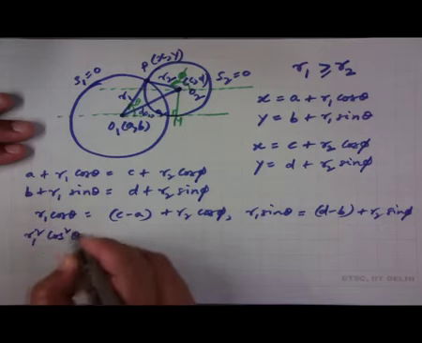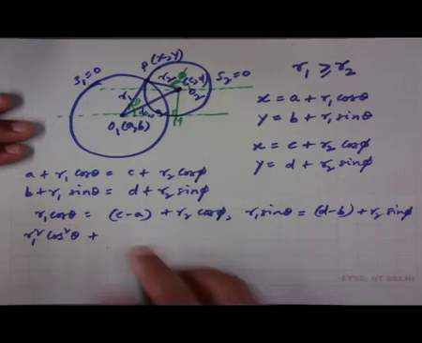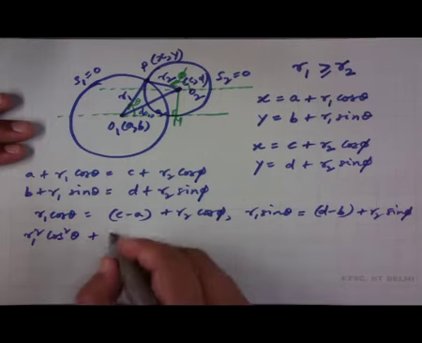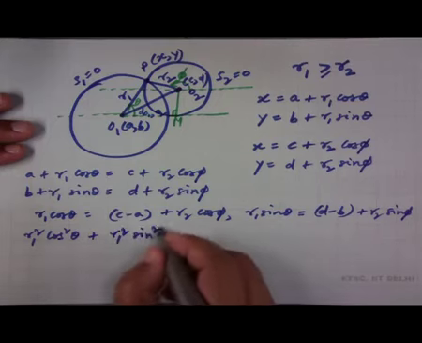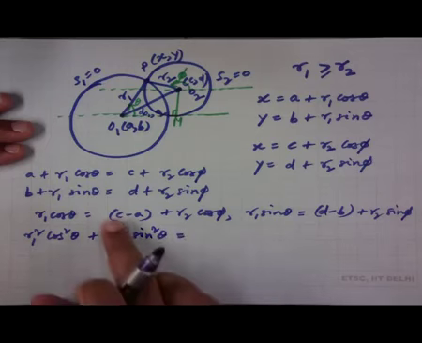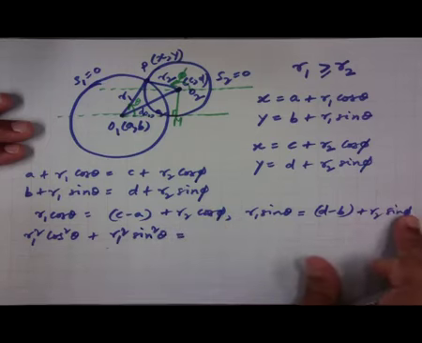So, we get r1 square cos square theta plus r1 square sin square theta on the left hand side, equals the square of this plus the square of this.